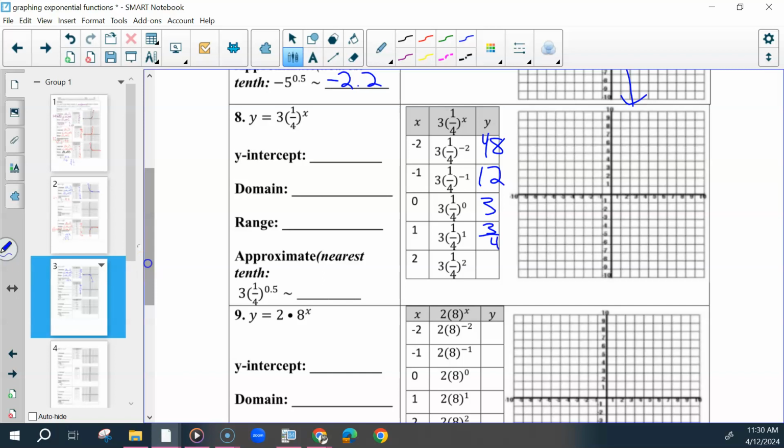And the last one, 3/16. If I look at my a value, that'll tell me what that is. And then go ahead and graph those. The negative 112, you can kind of graph off the graph.